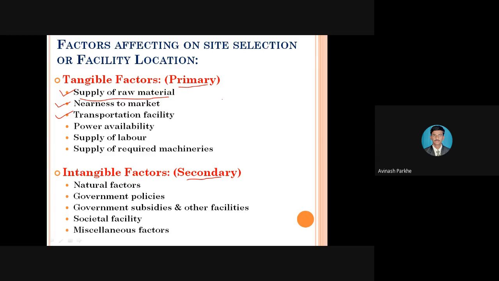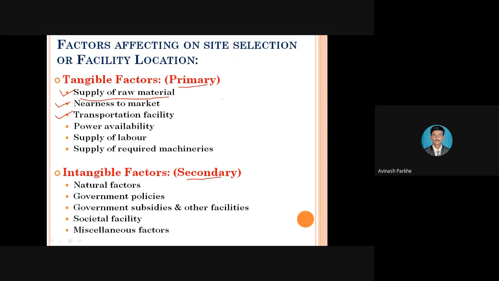To take such components, road facilities are required, and other machines like tractors, big conveyors and trucks are required. To move those trucks and tractors from the market to the industry, we also have to check the proper transportation facility. If the transportation facility is not available, we can still take the raw material, no problem, but the transportation cost goes on increasing.